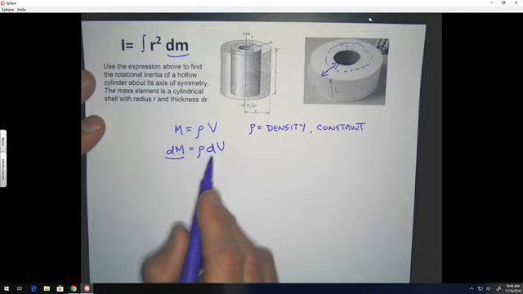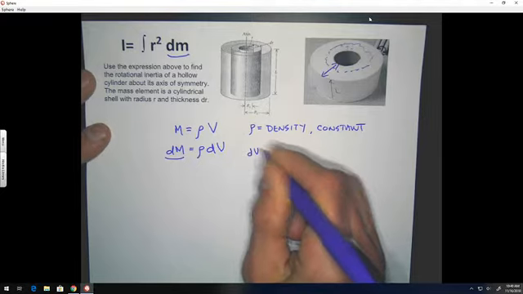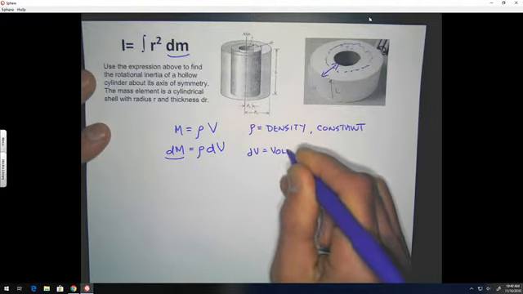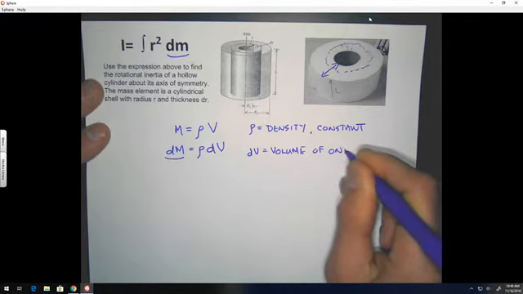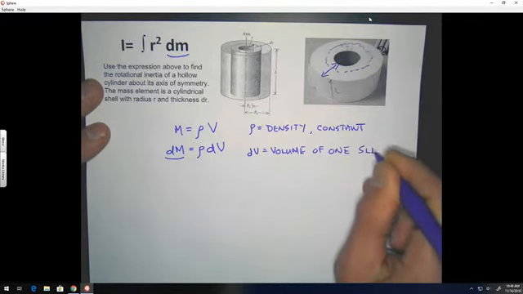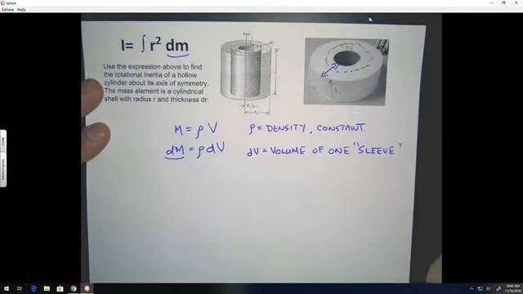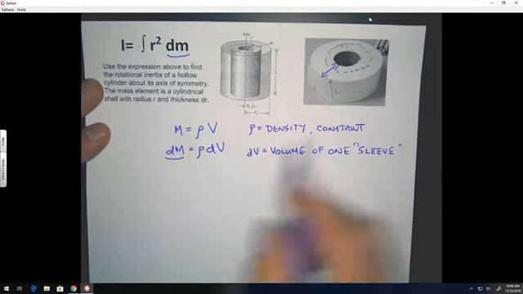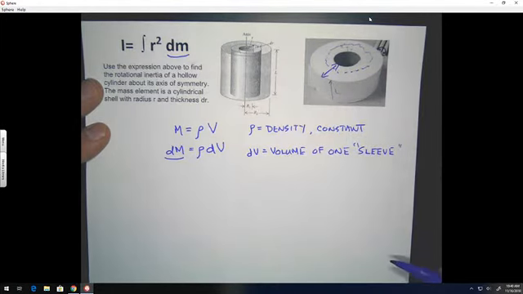Okay. Now dv is going to literally be the volume of one sleeve. And remember, when I'm talking about the sleeve, I'm talking about this really thin circle of paper that is making up part of the roll.